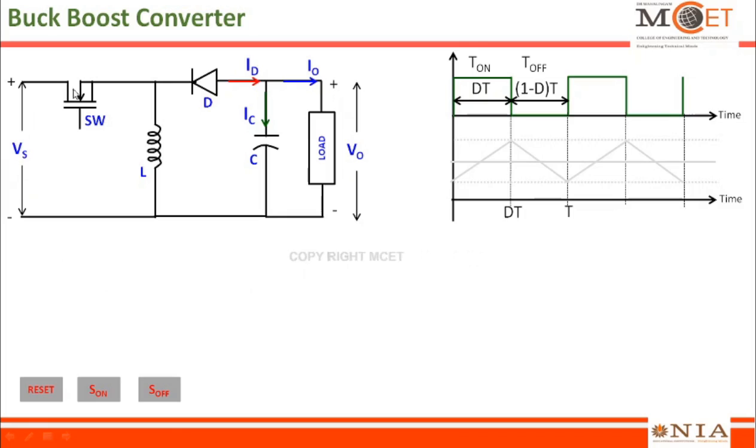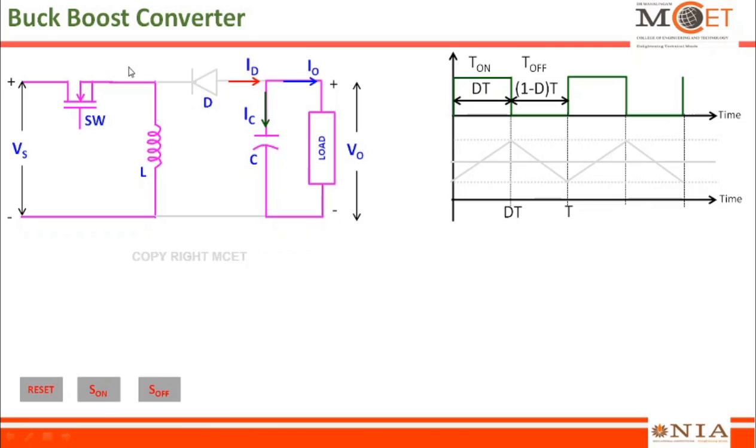Now let us look into the first mode of operation, that is when the switch is on. When the switch is on, the current will be circulating in this loop, and this diode will be reverse biased because positive is connected to this point. So load will be taken care of by the capacitance. Let us see how the equivalent circuit diagram will look when the switch S is on.